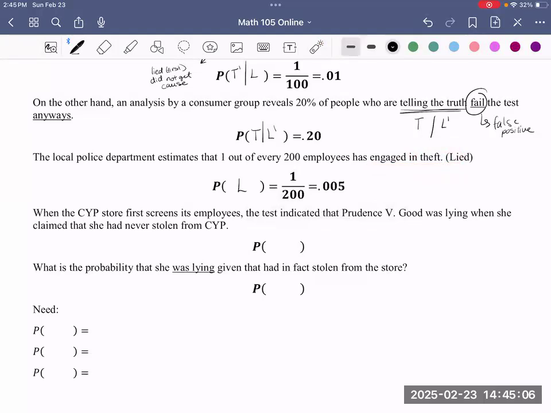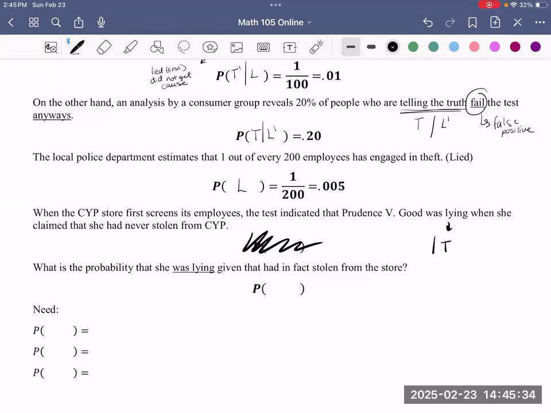So in our next part, when the CYP store first screens its employees, the test indicates that Prudence V. Good was lying when she claimed that she had never stolen from the company. So it thinks she's lying. They have therefore caught her, but she's saying that she is not lying.